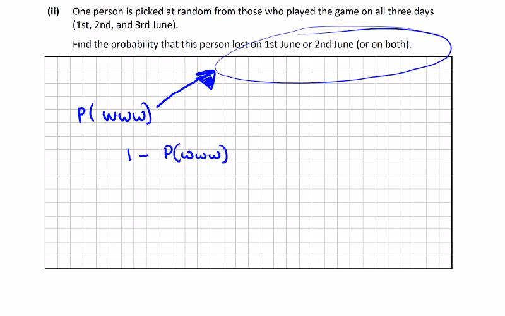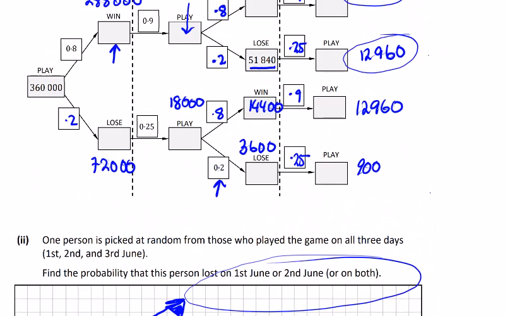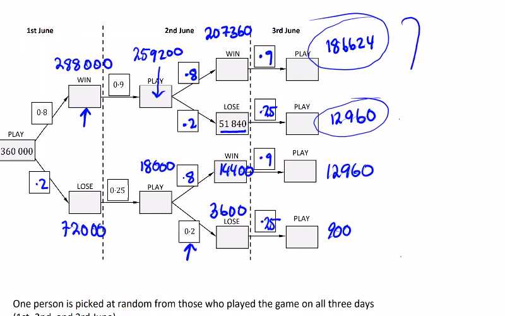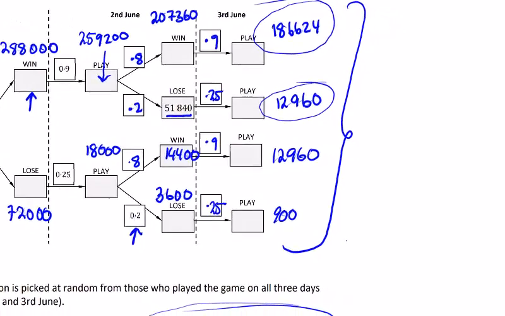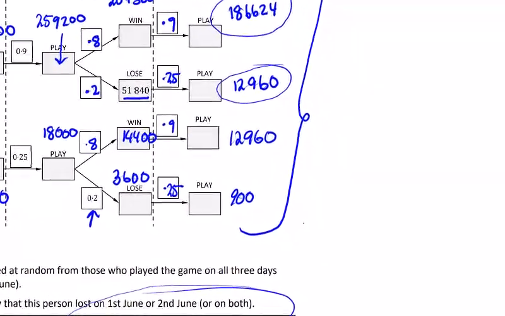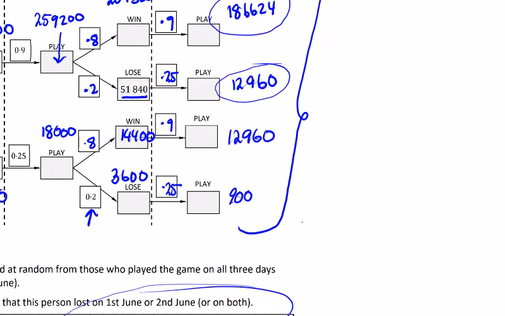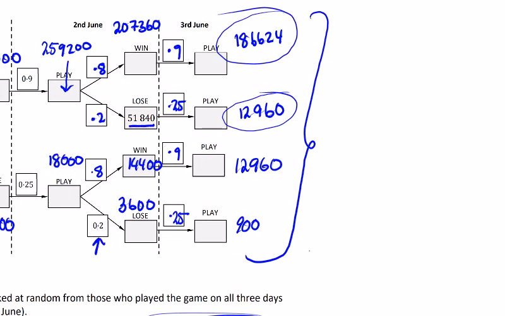So let's see how many played on all 3 days. These 4 numbers added together. Played on all 3 days, which is, oh, sorry, the probability that the total will be on the bottom. This guy will be on top. Win-win-win, 186,624.